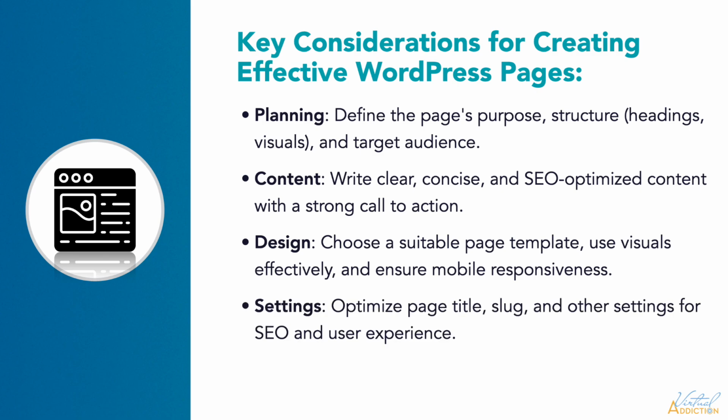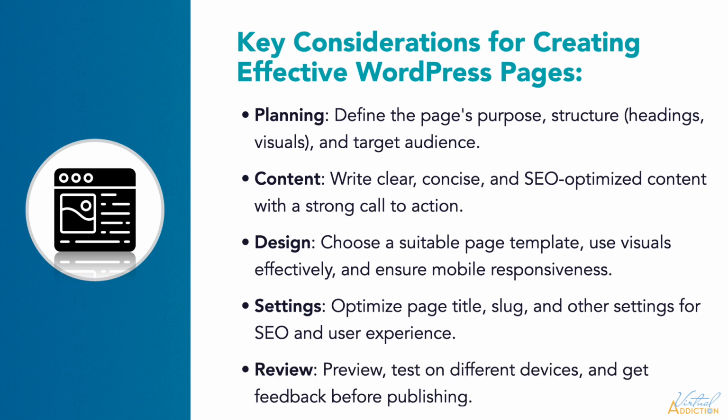When we create pages, we'll want to create a descriptive and SEO-friendly page slug. This is part of the URL, and I'll show you this in just a minute. You'll also want to preview the page before publishing to check for errors and ensure that it meets your expectations. It's always a good idea to test your pages on different devices like desktops, tablets, and mobile to ensure consistent display.